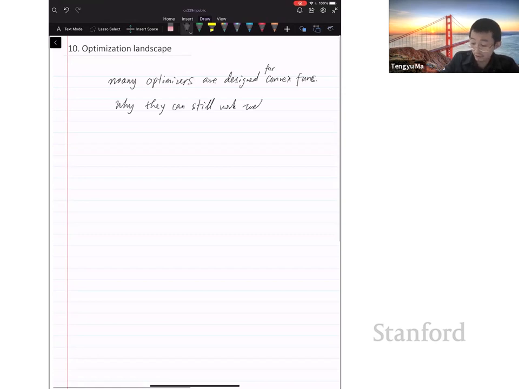And actually work pretty well in practice for non-convex functions in deep learning. Note that it's not like these algorithms, like gradient descent or stochastic gradient descent, can work for all functions that you may optimize, right?